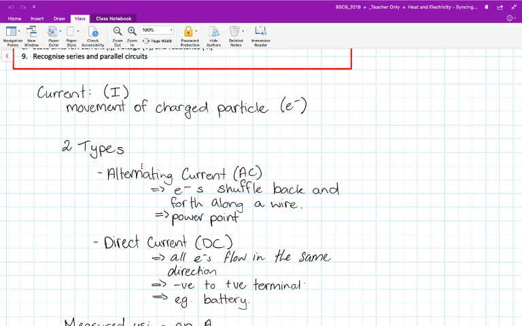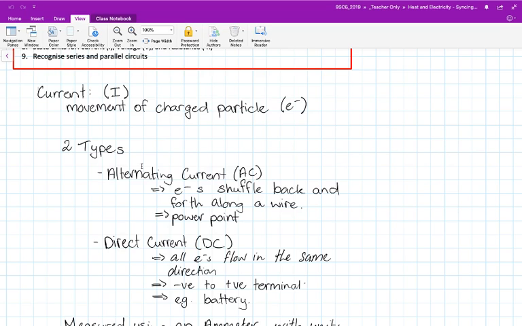Double M. It's measured using units of amperes, or amps for short. Okay, so that is your current.